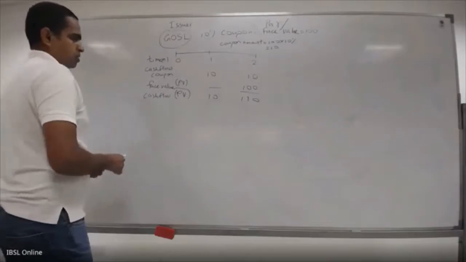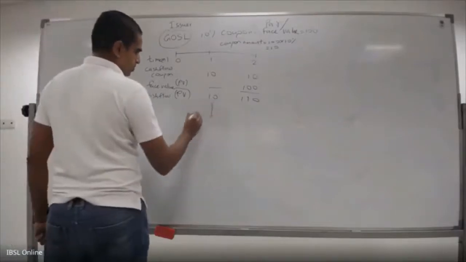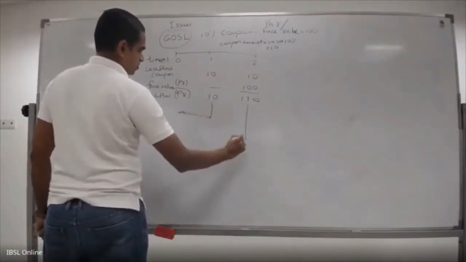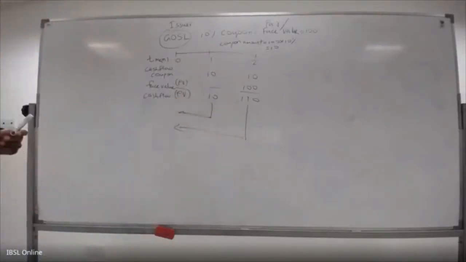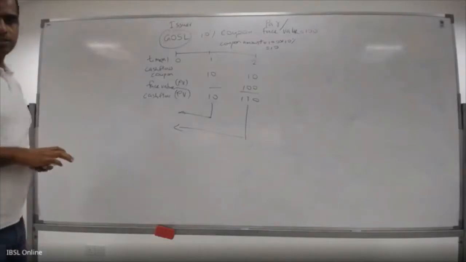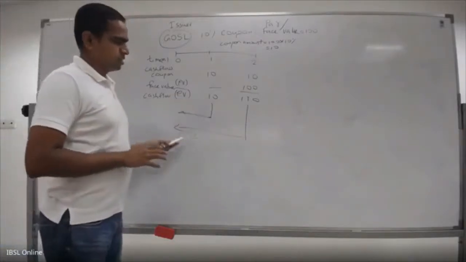That's how you work it out. You have to just simply discount it. I have not introduced you the concept of yield, so we'll get to that and then do the working. Okay, so it's just a matter of discounting the cash flows, what you have already learned.